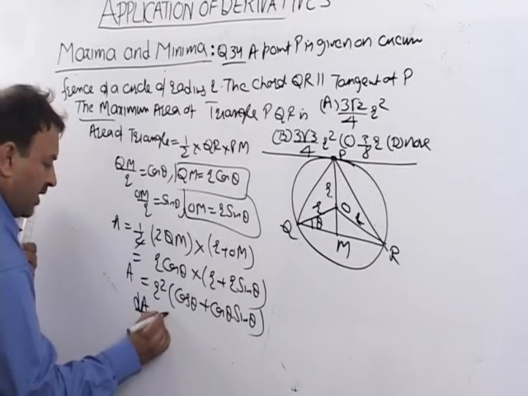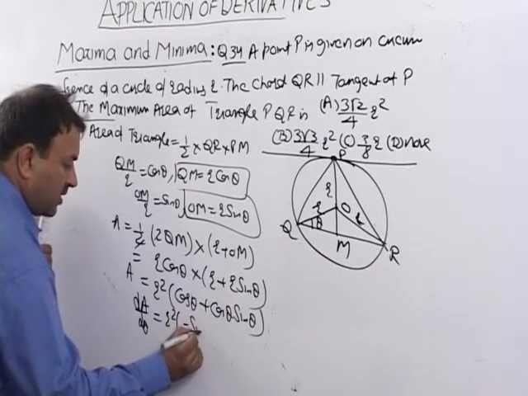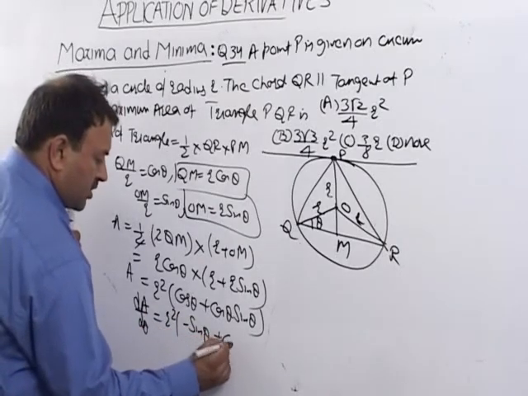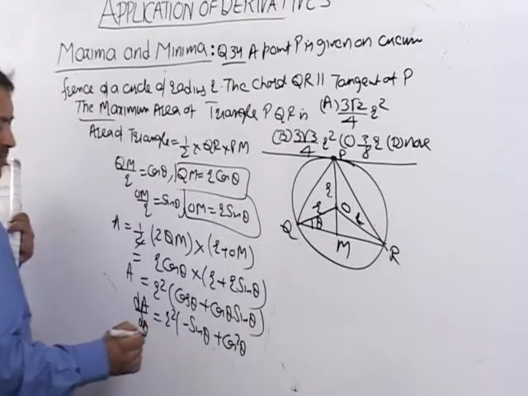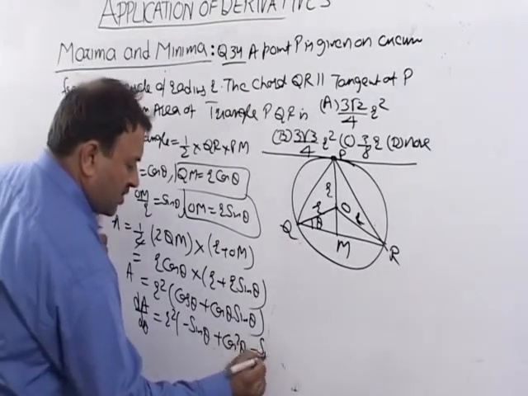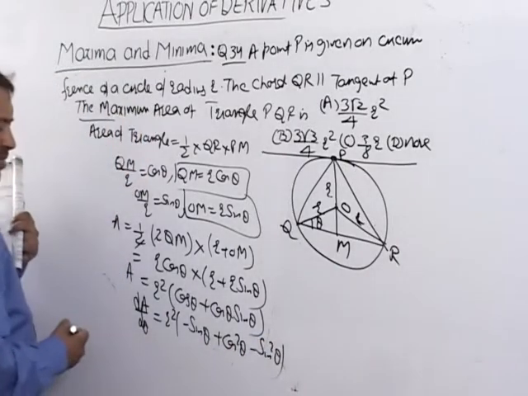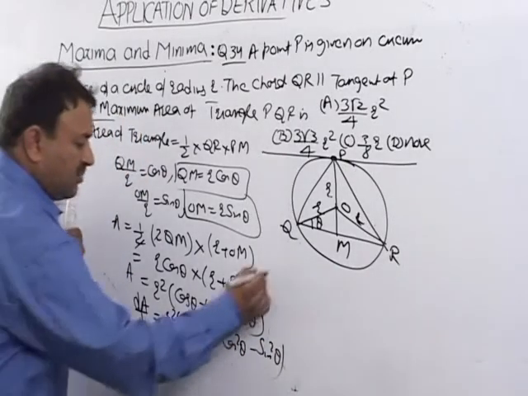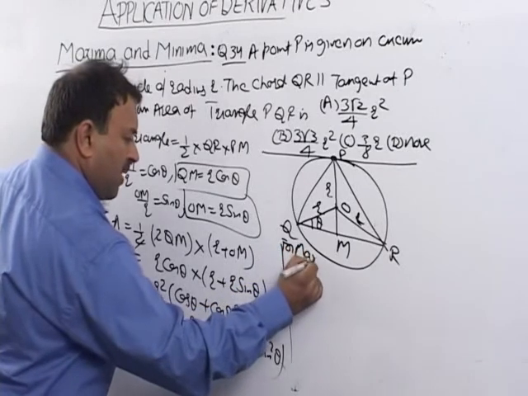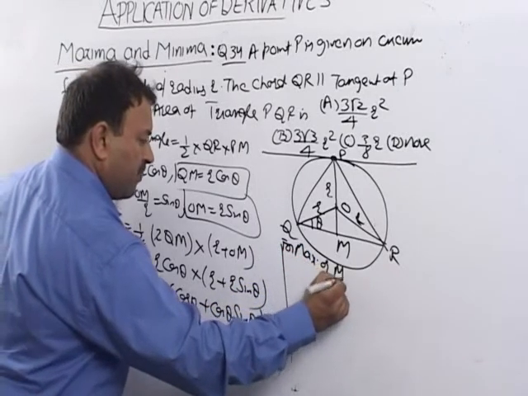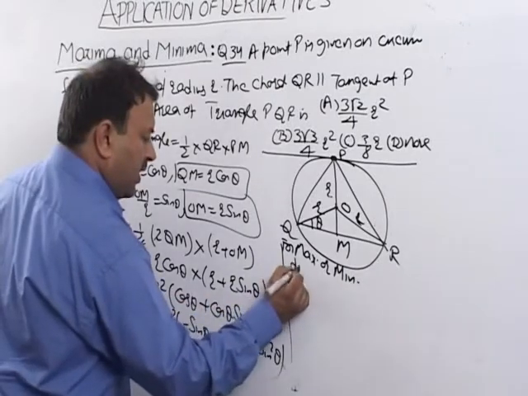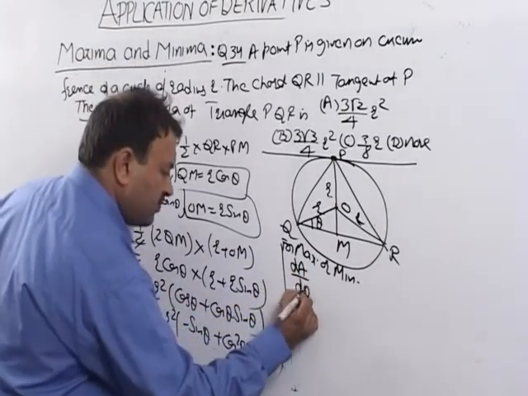dA upon d theta is equal to R square into minus sin theta plus cos square theta minus sin square theta. Now for maxima or minima, dA upon d theta is equal to 0.